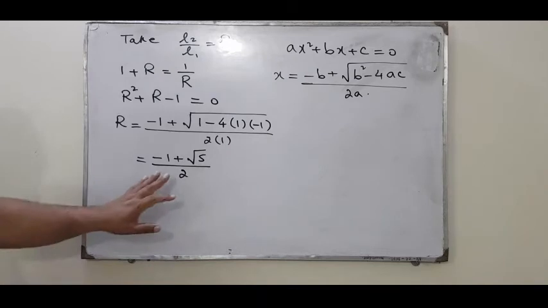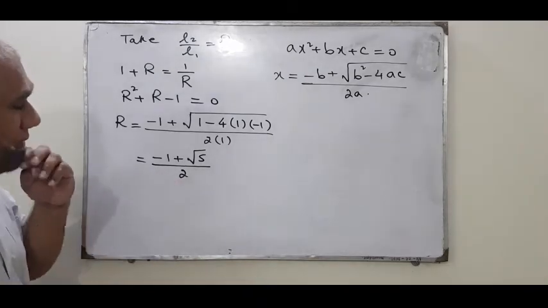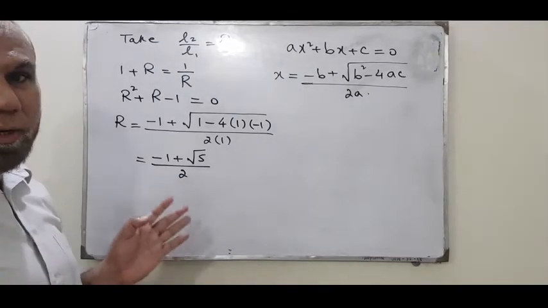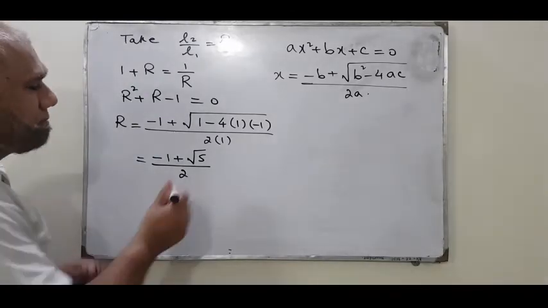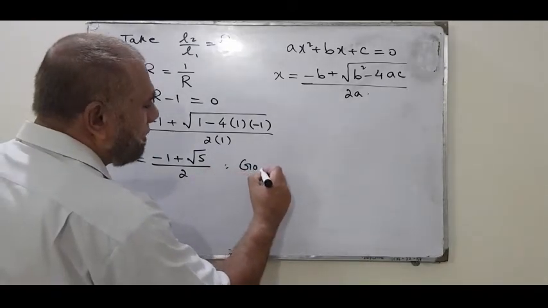This is the ratio which we call the golden ratio.